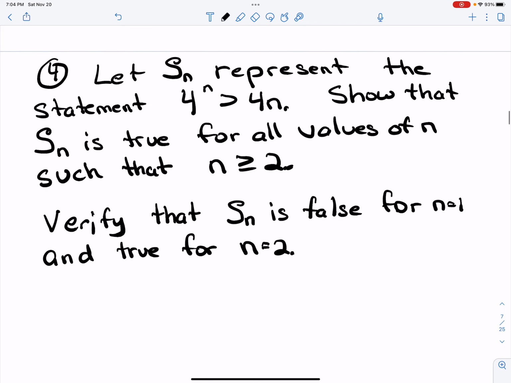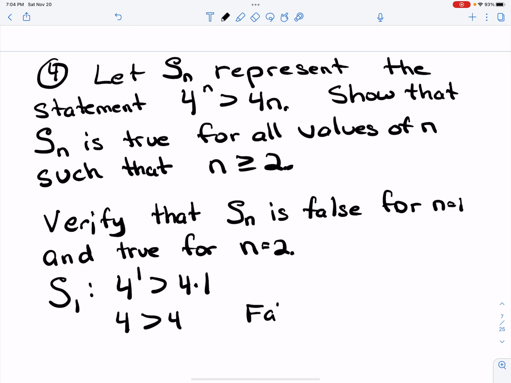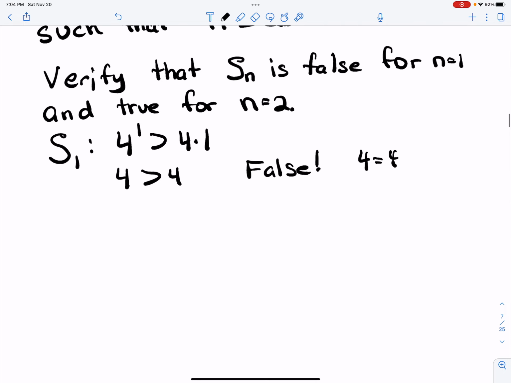Like if you did S sub 1, 4 to the first greater than 4 times 1, 4 greater than 4. Well, that's false. Now, if it said greater than or equal to, you could say true, but it doesn't say that. It says 4 greater than 4. So that's false. So we just showed that it's not going to work for n equals 1, which is great.